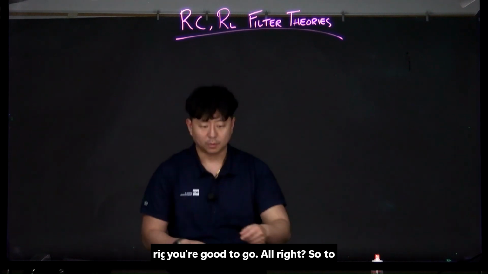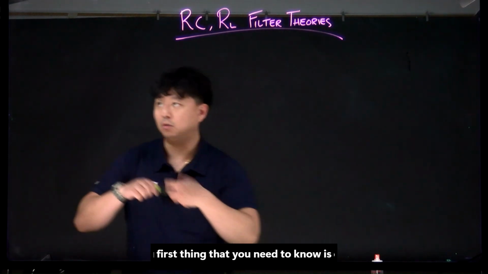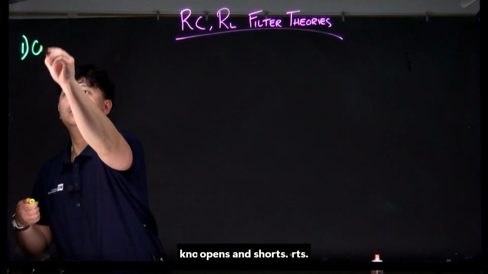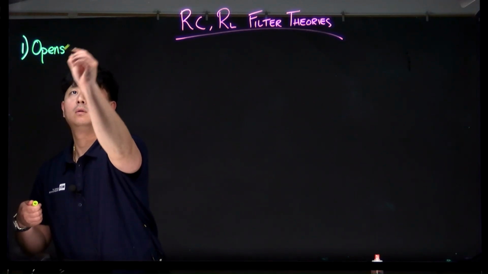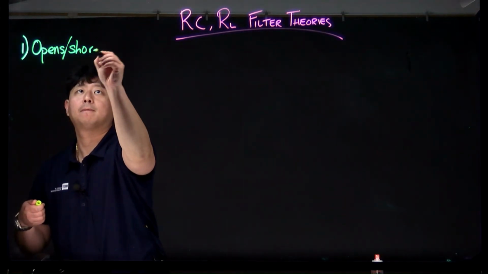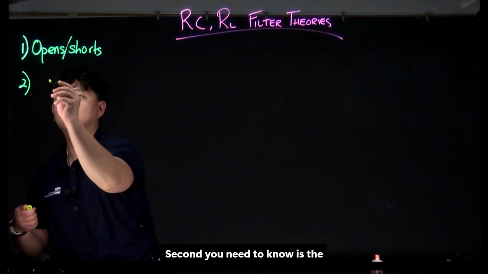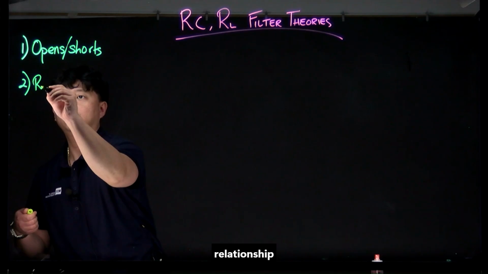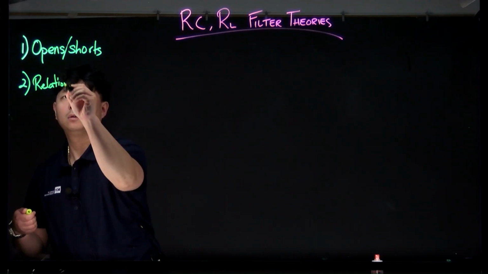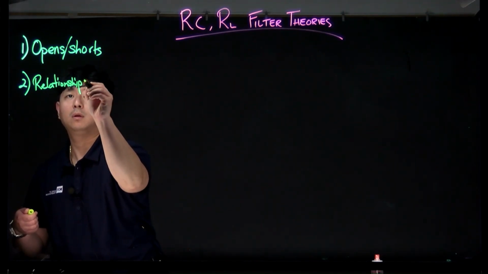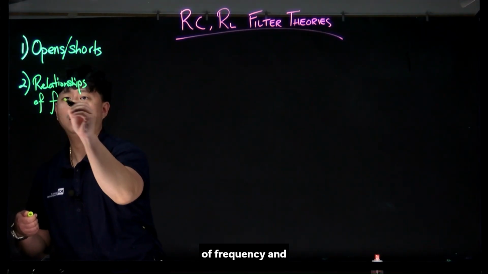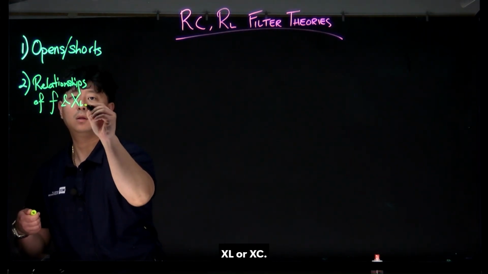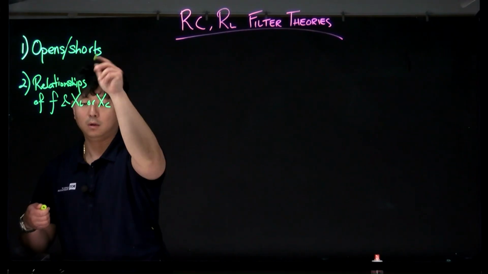So, first thing you need to know is opens and shorts. Second, you need to know the relationship of frequency and XL or XC.